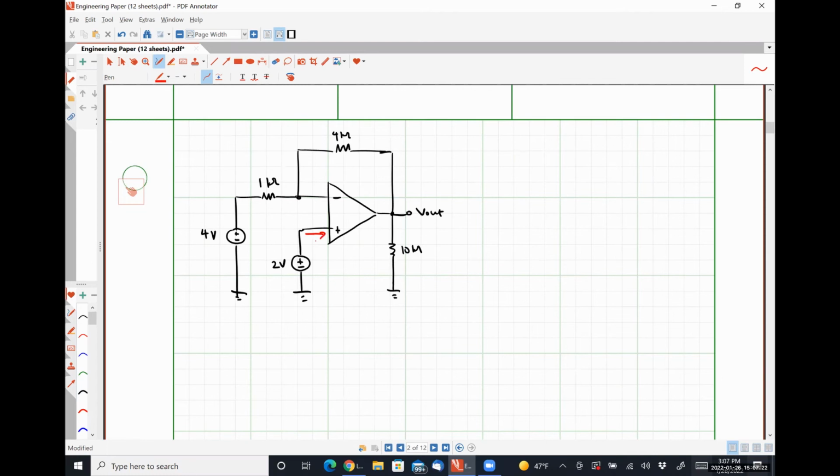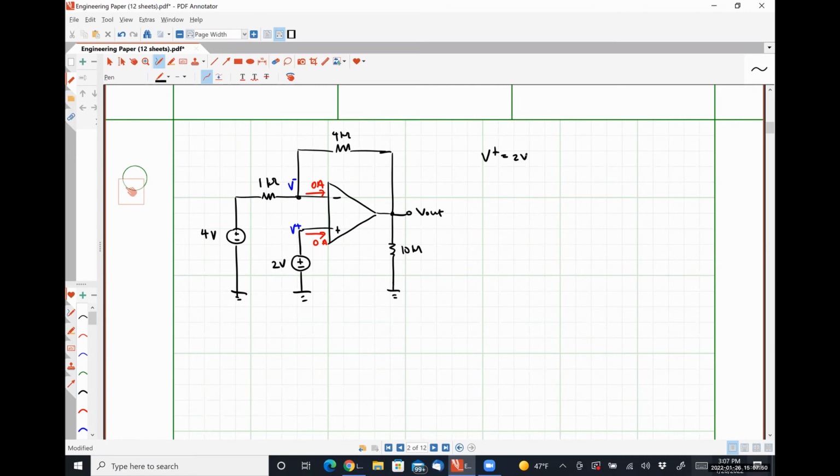We know that this current is 0. We know that this current is 0. Skylar, what's V plus? All right, I'm going to write that down. Haley, I believe, what's V minus?